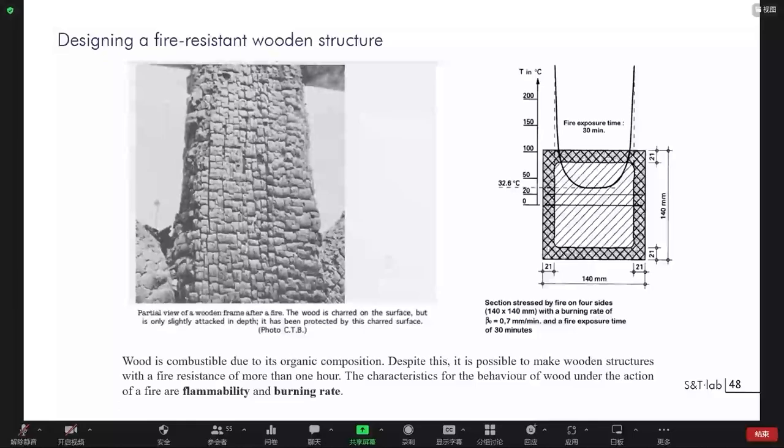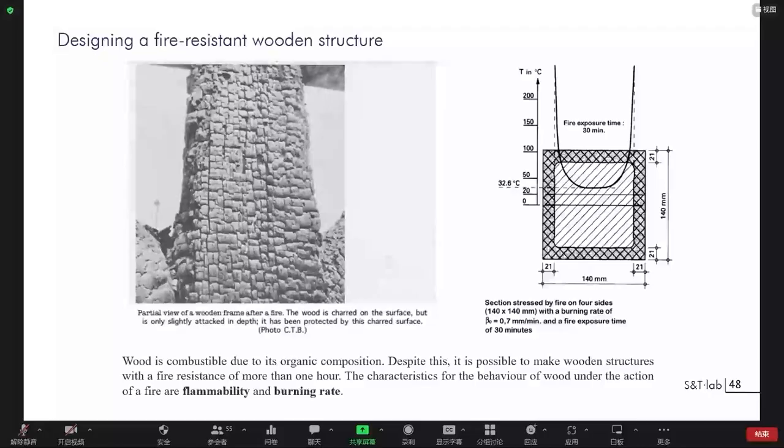And the other fact is that the speed in which you have this coal being formed on timber can be precisely defined. So you can just calculate the remaining section, depending on this speed of burning rate. And you are able to calculate very easily what could be the performance in time of timber against fire and against loading.